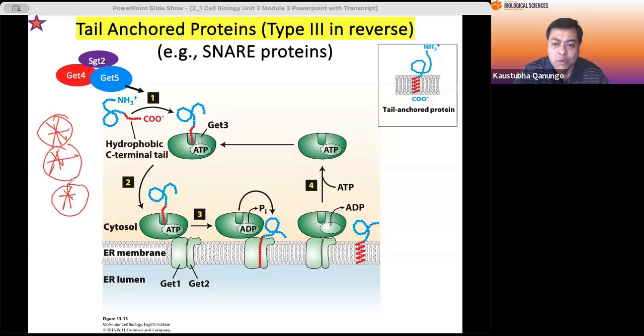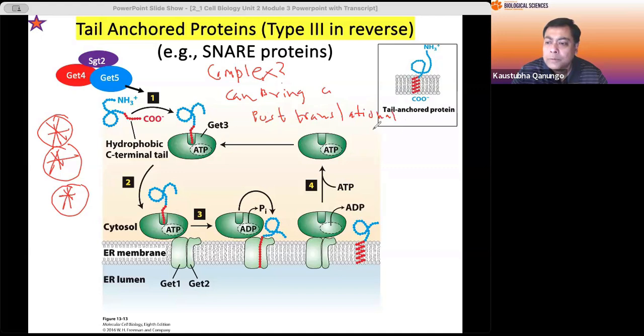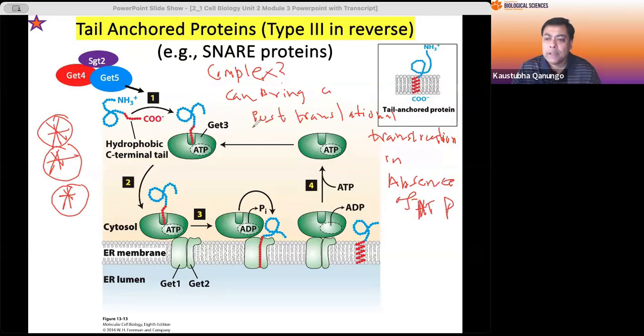If we ask which of the following complexes can do post-translational translocation in the absence of ATP, this is one version. GET3 works with ATP, so your answer is none.